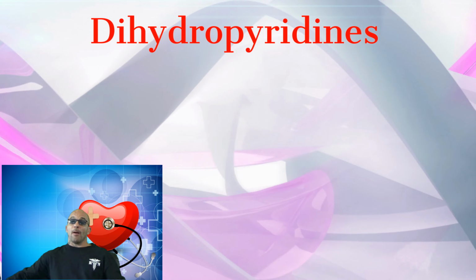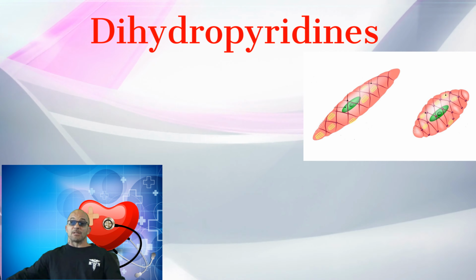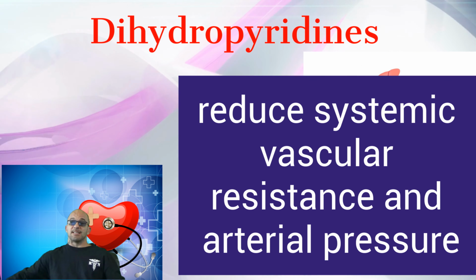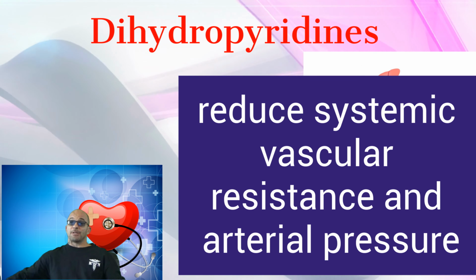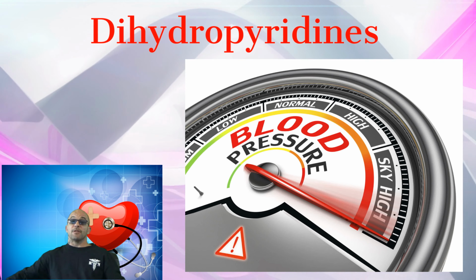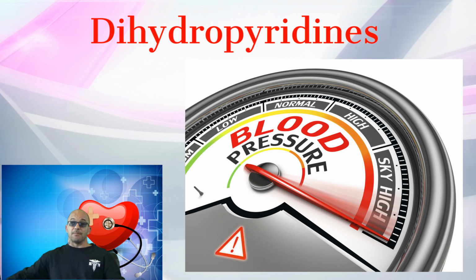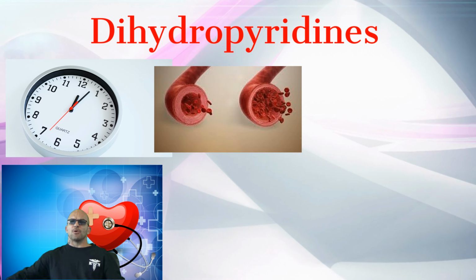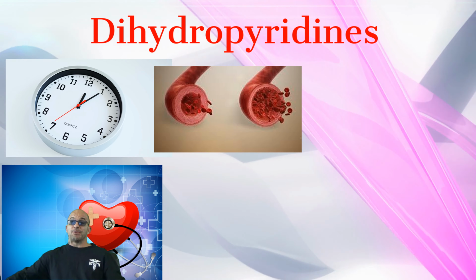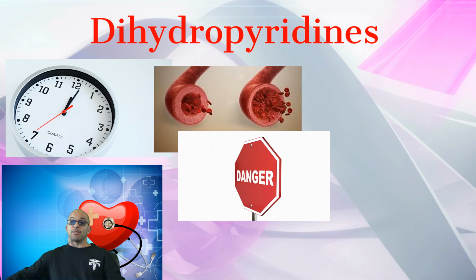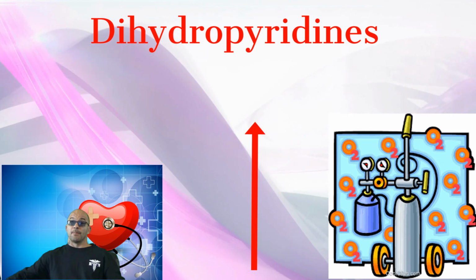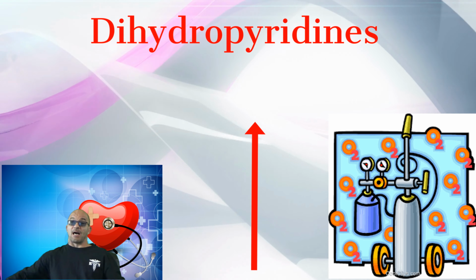Dihydropyridines are primarily used on smooth muscle. They reduce systemic vascular resistance and arterial pressure. They are used for the treatment of hypertension. They act quickly with a vasodilatory effect, which can produce a potentially dangerous adverse effect known as reflex tachycardia, which is an increase in oxygen demand.